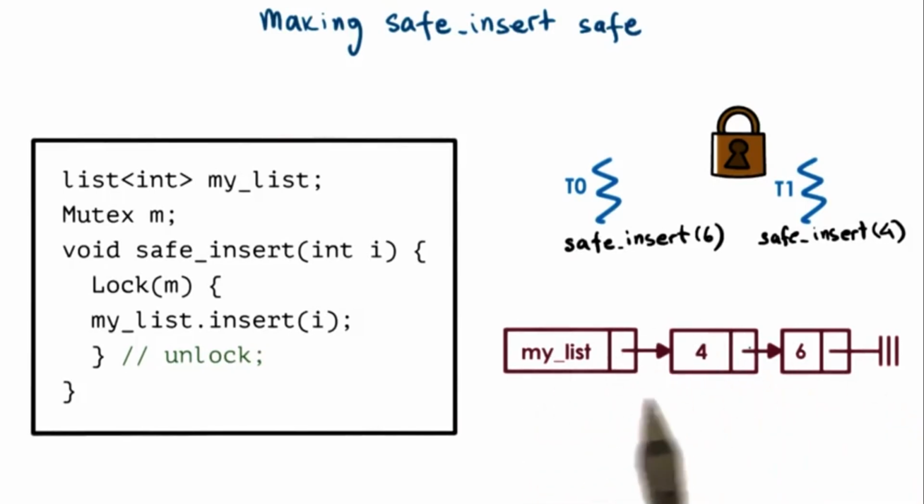So in this case, the final ordering of the list will be 4 followed by 6, since we're always inserting in the front of the list. So the parent inserted its element first, and then the child thread was the second one to insert the value 4 onto the list.